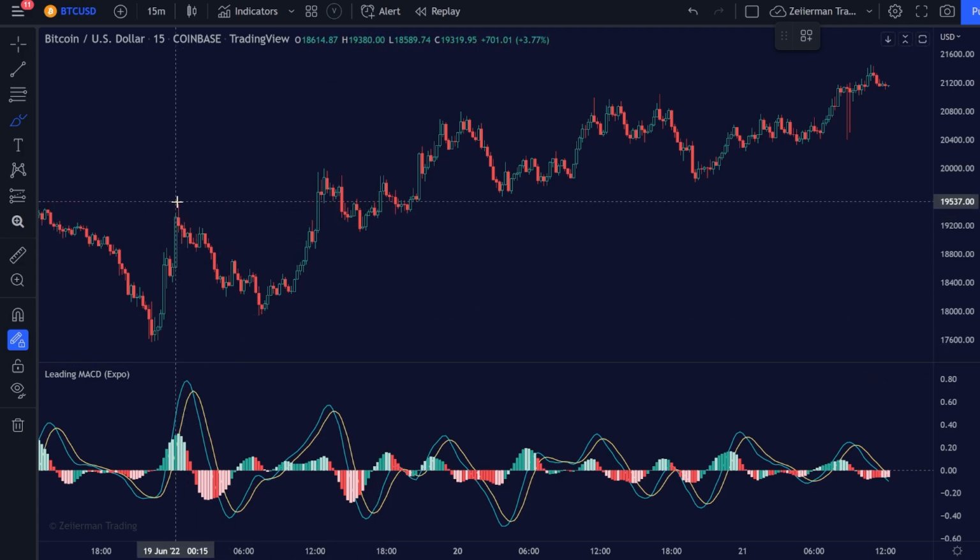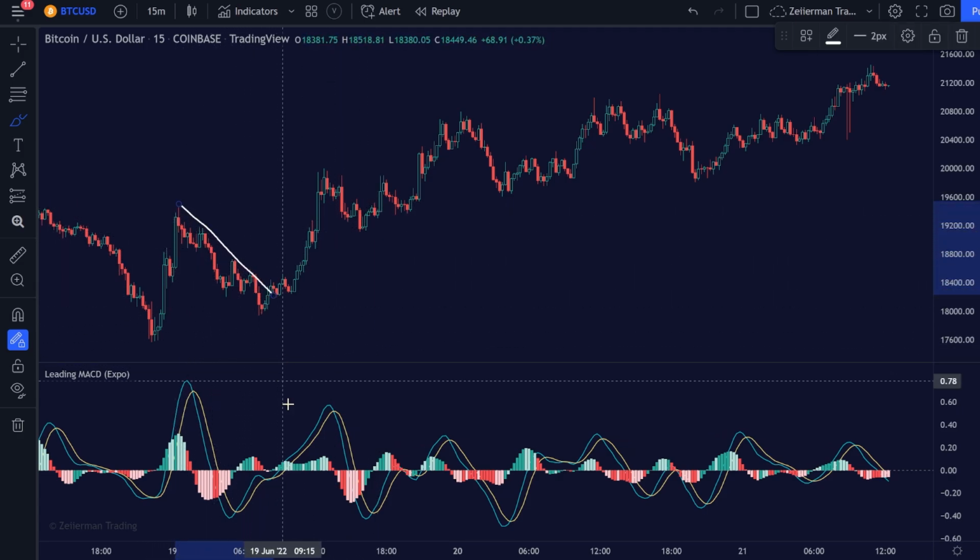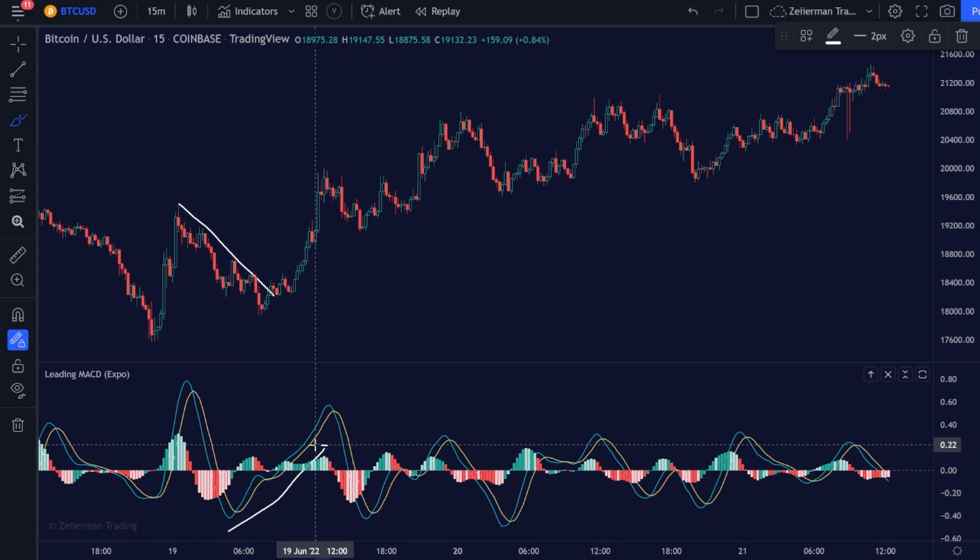And in this case, we can see that the market is going down. However, our leading MACD indicator is increasing heavily. And this is a sign that the market may reverse and go bullish. And we can also see that the predictive histogram actually turns green at this point. And we got the bullish MACD cross at this point.